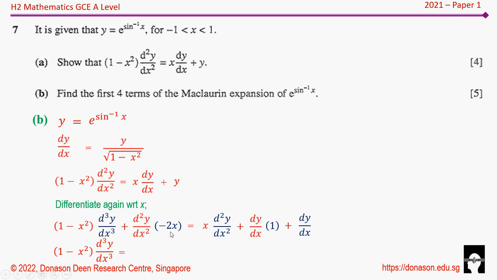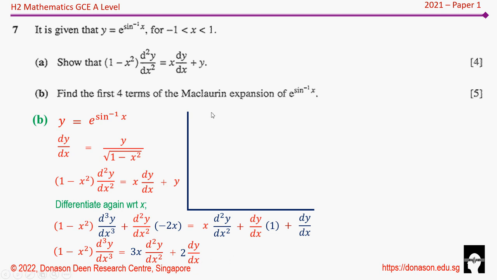It's going to become positive 2x d2y dx square plus 1 more x d2y dx square. And how much is that going to become? 1 plus another 2 is altogether going to become 3x d2y dx square. I've got 1 dy dx and 1 more dy dx. That's going to turn it into twice of dy dx. So that is the simplest that we could bring this into.